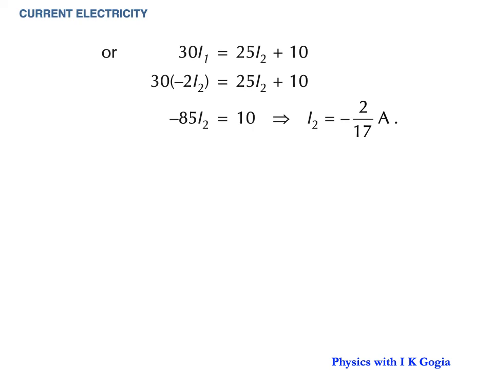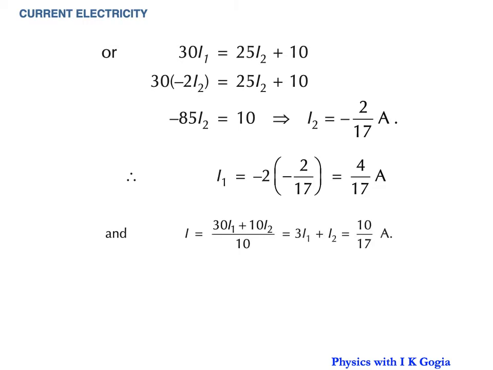Rearranging, you can get 30I1 equal to 25I2 plus 10, or 30 into minus 2I2 equal to 25I2 plus 10, which gives you the value of I2 on simplification. So I1 is minus 2I2, that gives you value of I1, and you can also calculate I, substituting the values of I1 and I2. So you get the current in different branches as I, current in BC, current in AD and current in DC as shown on the screen.